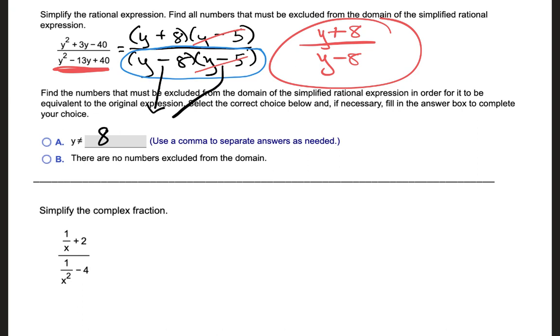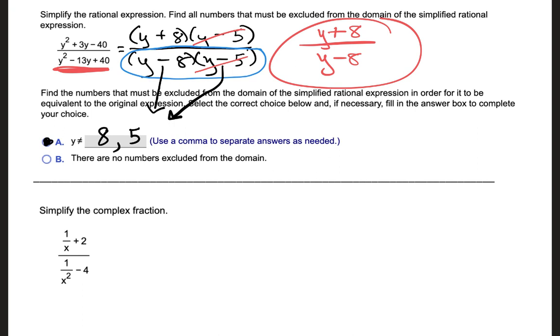And if you set that one equal to 0, you get 5. So there's two values that must be excluded, 8 and 5. You got these numbers strictly from the denominator. It had nothing to do with the numerator. The reason is that you don't want the denominator of a fraction to equal 0.